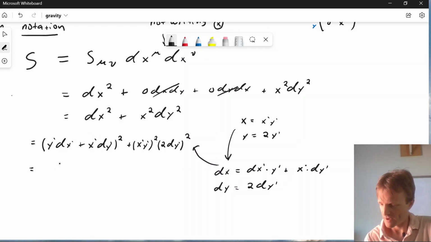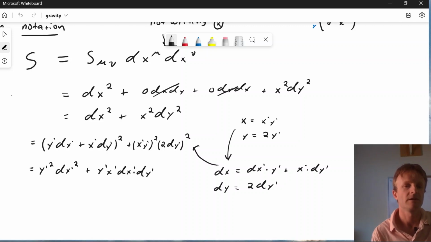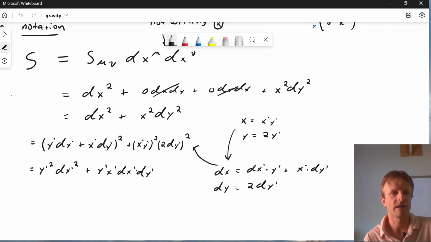Now I just simplify. I just multiply things out. So I get y prime squared dx prime squared plus y prime x prime dx prime dy prime. Now the tensor product doesn't commute. So there is secretly a little tensor product there, and I do have to do yx and xy separately.